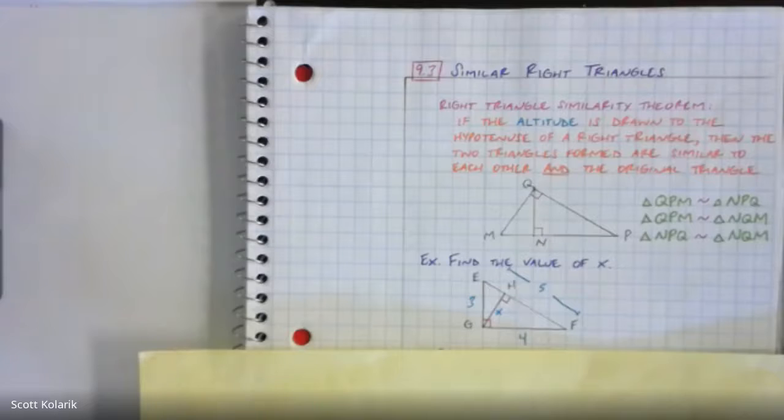And the useful bit of information there is that if I have this scenario, I can use the fact that they are similar to each other to solve for missing segment lengths. Whatever the practical purpose, whether it's an algebra problem like we see in this section, or a real life example where I want to find some specific distance in this diagram, because of the similarity, I am able to set myself up with an equation to solve for those missing pieces.